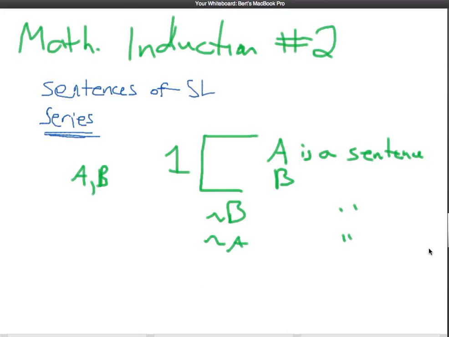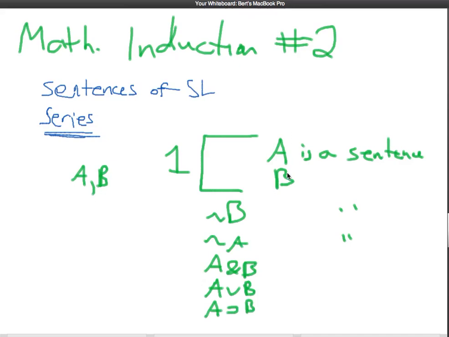We can also use conjunction. So A and B will also be a sentence, and so will A or B, and so will if A, then B.